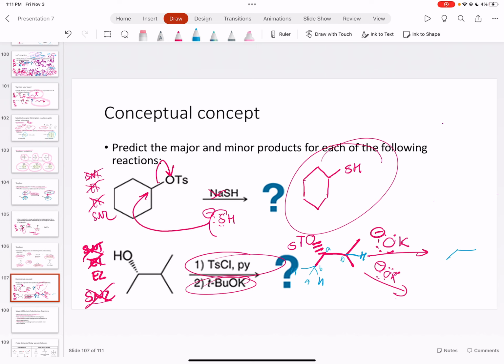And then we're doing E2, so we're not doing any carbocation rearrangements. We take that one, that's it, this one lives. Okay, so we have this, this, this, and this. Then that will give rise to a trisubstituted alkene.